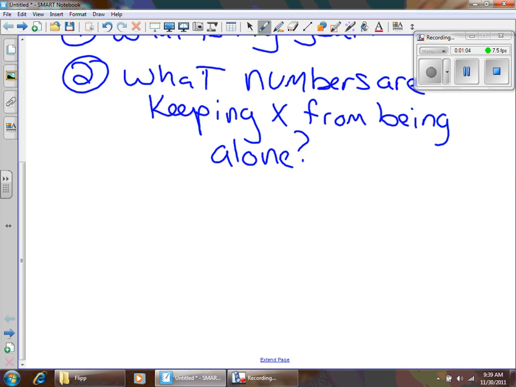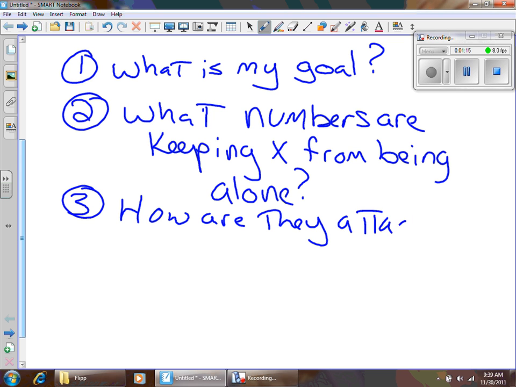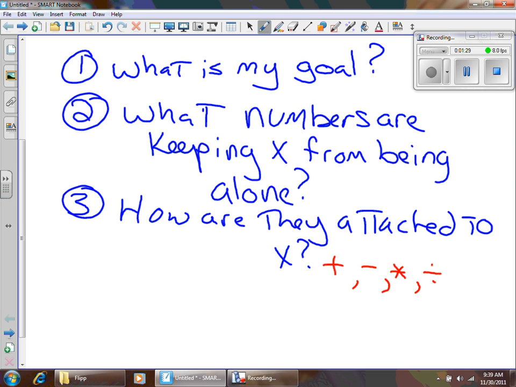It depends on the problem, but you have to answer that. Number 3. How are they attached to x? Your answer there always has to be one of these choices. It has to be addition, subtraction, multiplication, or division.